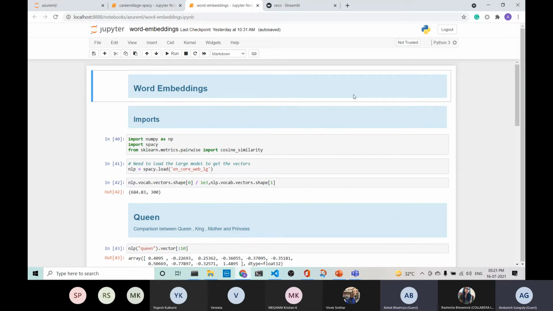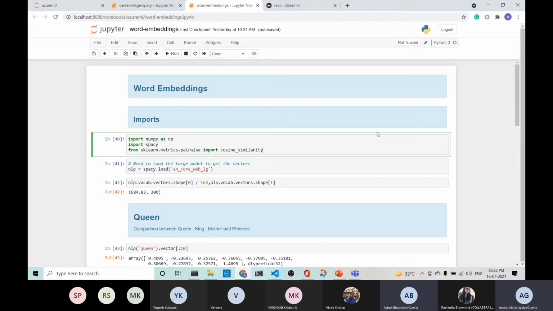So this is the word embeddings, and what we will do here is that for the word embeddings, there are several word2vec and various pre-trained models, but we will use spaCy, which wraps and makes it very easy to use all these word embeddings. So check out spaCy.